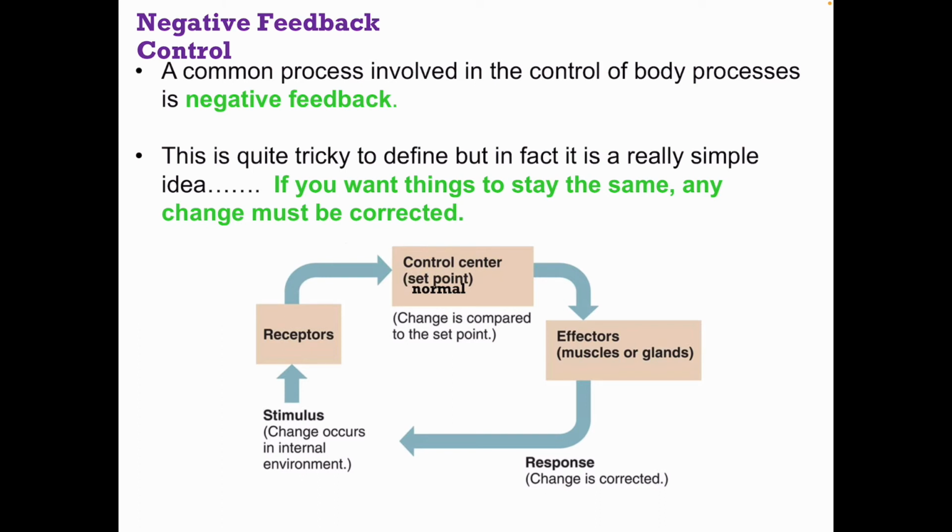So this process is referred to as negative feedback control, and it's something we came across previously when we were looking at the reproductive hormones. Negative feedback control means that if you want things to stay the same within set limits, any change must be corrected.